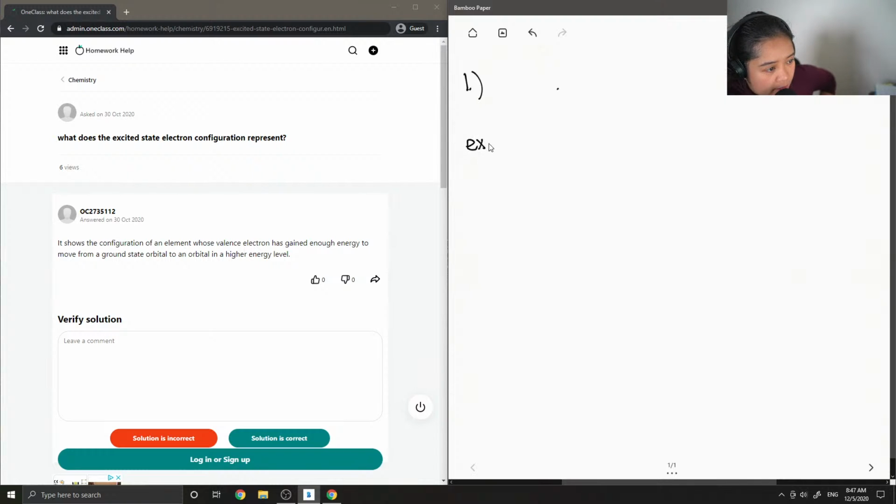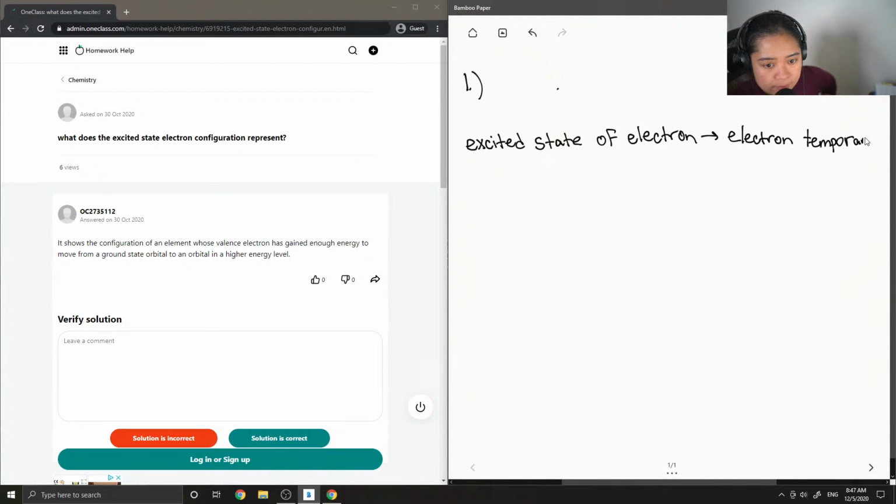Okay, so the excited state of an electron is when an electron temporarily occupies an energy state that is greater than its ground state.